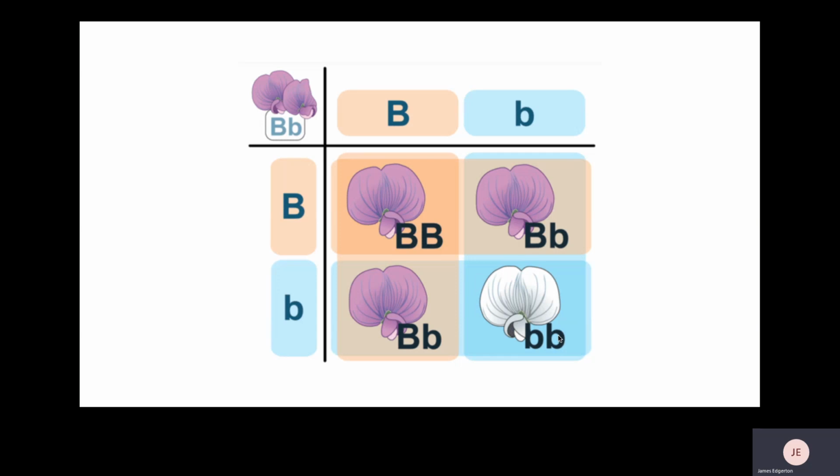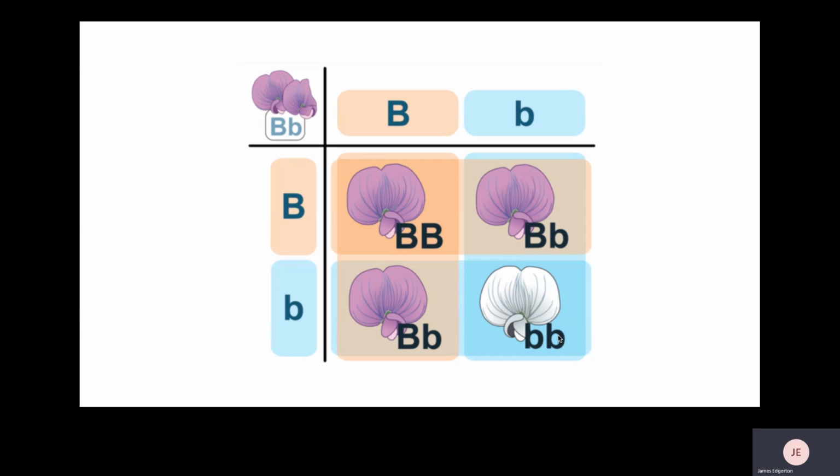But if one parent only has genetics for brown eyes, you're not going to have blue eyes, because you need two copies for a recessive trait to be expressed in the offspring.